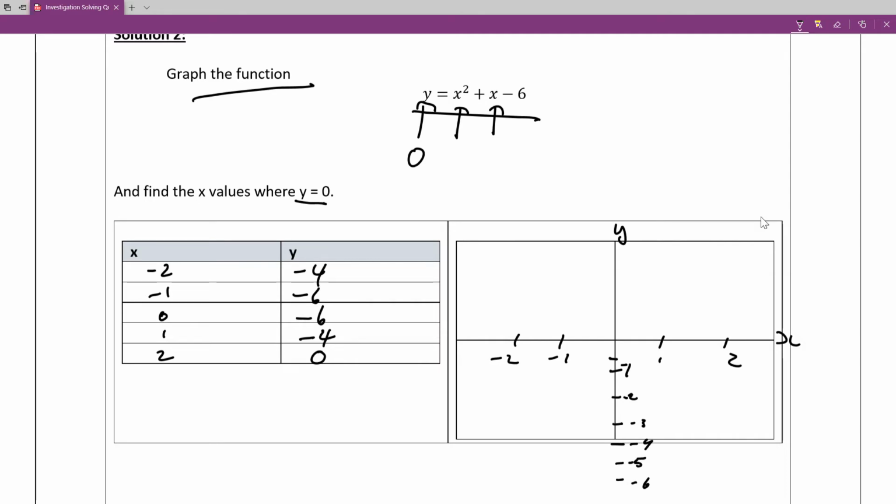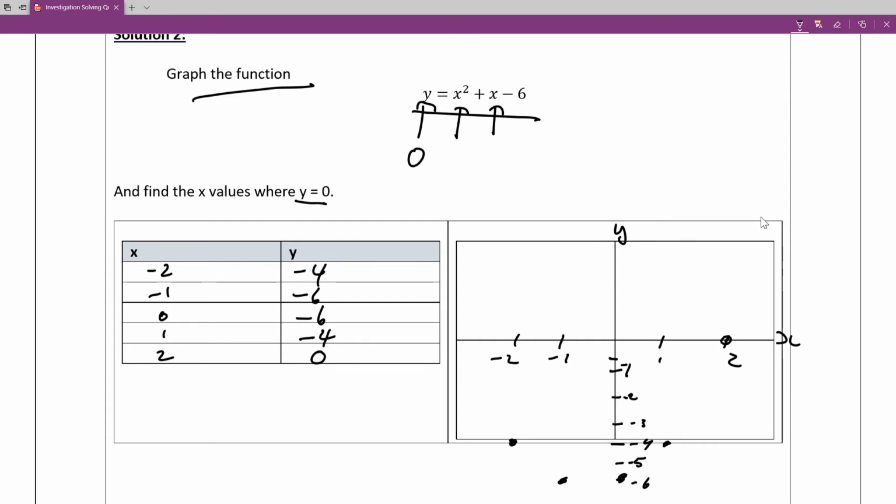Okay, let's see. So at negative 2, it's negative 4, so there's my point. Negative 1 is negative 6. 0 is negative 6. 1 is negative 4. And 2 is 0. Okay.